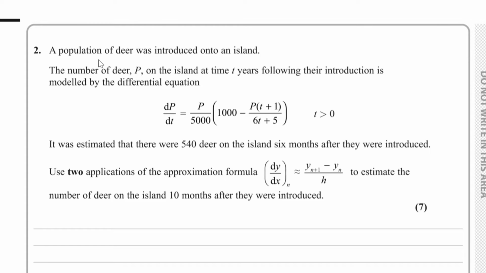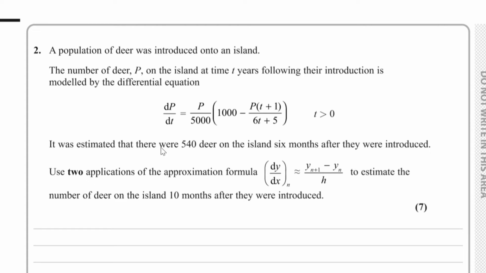Question number 2. A population of deer was introduced onto an island. The number of deer, P, on the island at time t years following their introduction is modelled by the differential equation dP over dt equals P over 5000 multiplied by 1000 subtract P multiplied by t plus 1 over 6t plus 5, where t is greater than 0.